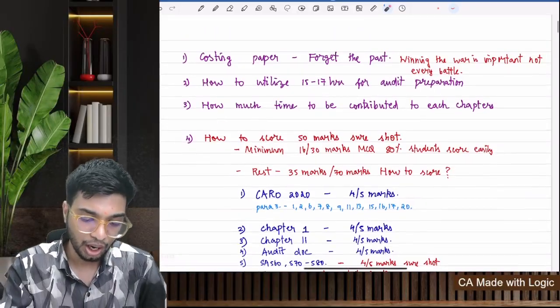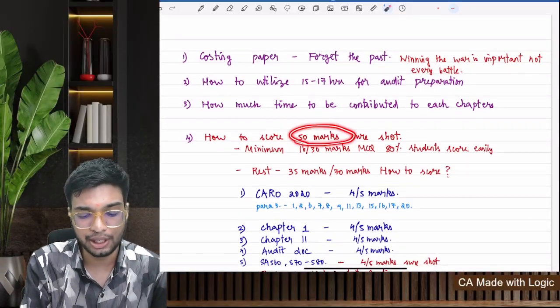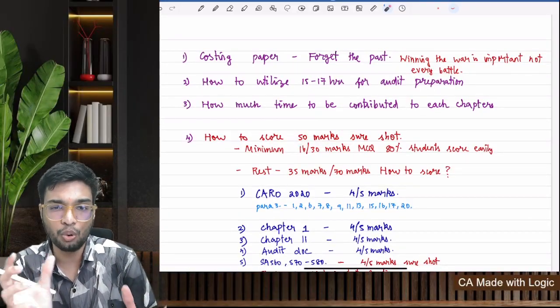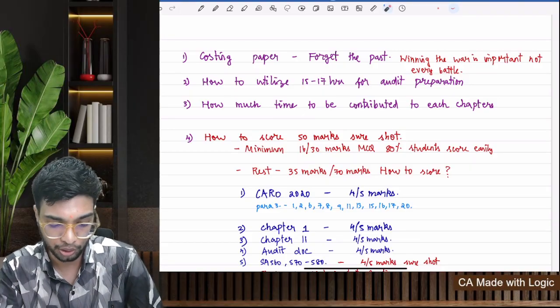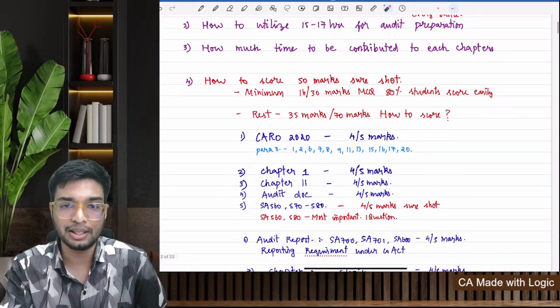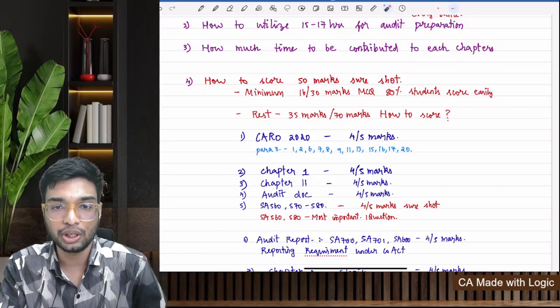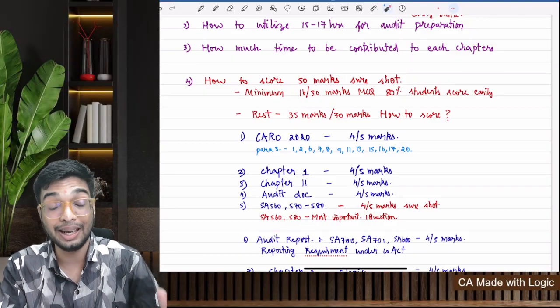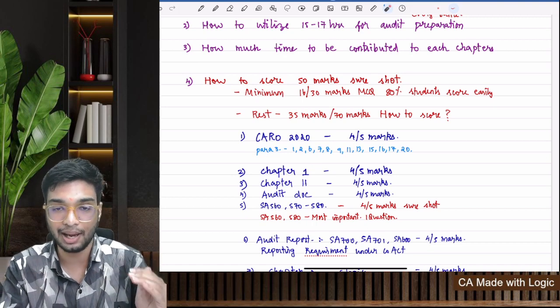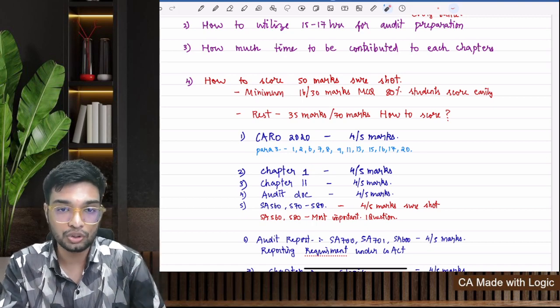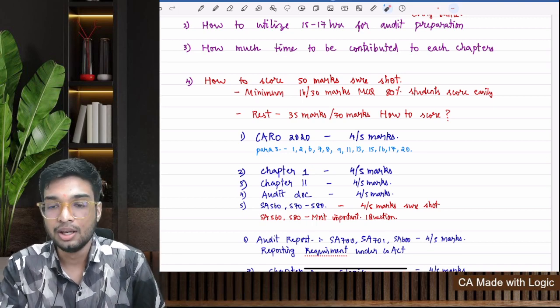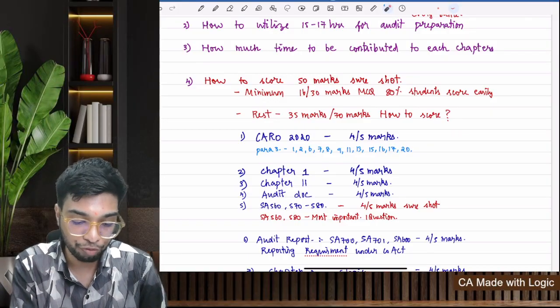Then comes, sir, how to secure 50 marks sure shot. I'll tell you honestly, minimum 16 marks, 80 percent of students are able to secure in the MCQ part, because I have seen lots and lots of copies, so I was able to figure it out.